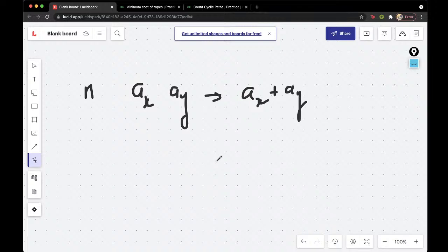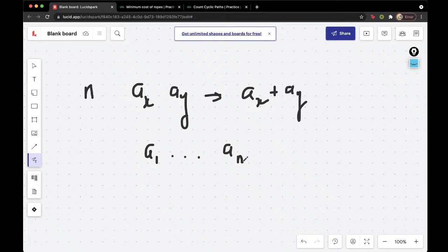Suppose first let's just reduce this problem. Let's not think about combining all the ropes together. Suppose the problem was you are given n ropes with varying lengths, a1 to an, and you have to select any two ropes and minimize the cost. You don't have to combine everything together, you just have to combine any two ropes.